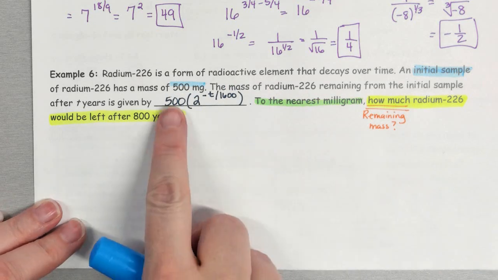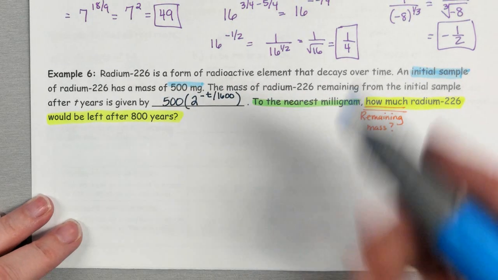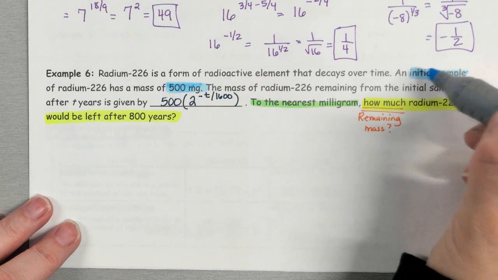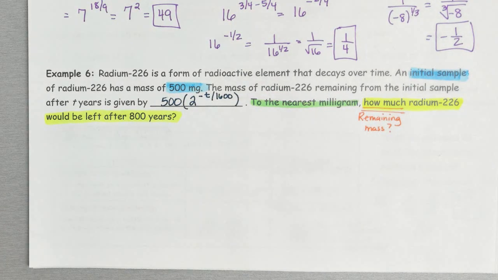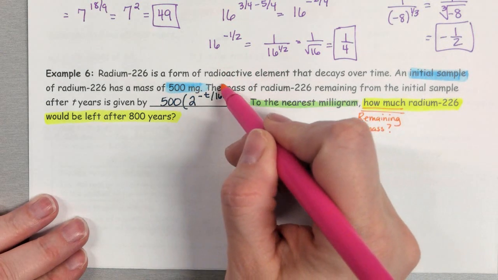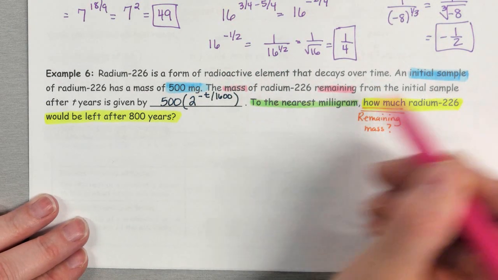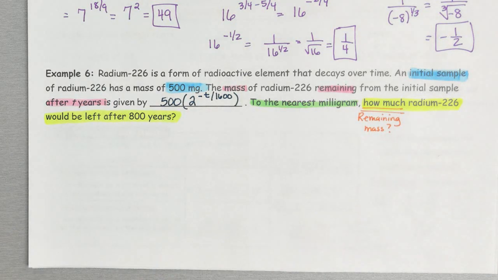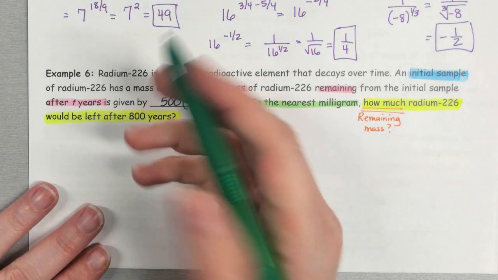So you can see that in the equation, a very similar place to when we did our half-life. And it says the mass remaining after T years is given by this equation. So the mass remaining, okay, after T years is given by this equation. We have to find how much radium-226 would be left over after 800 years.